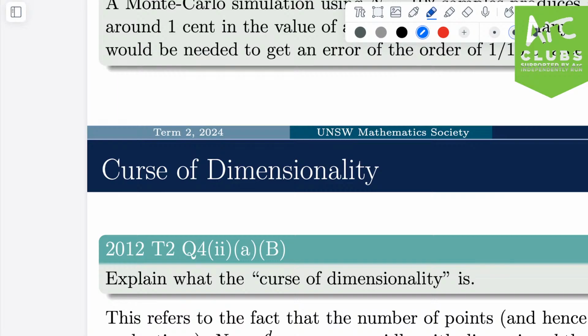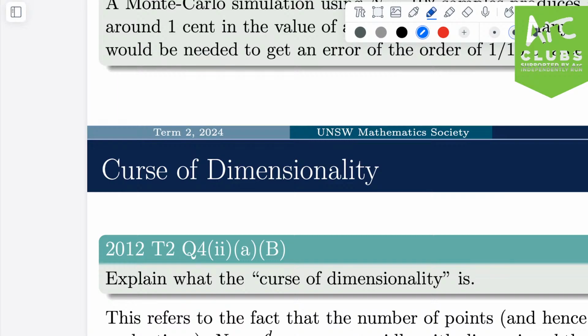But usually the dimension d can be larger than n. So the total number of points we need, capital N, will be very large. Sometimes we need a lot of points, so the capital N is very large, but we only have a limited number of points, right?